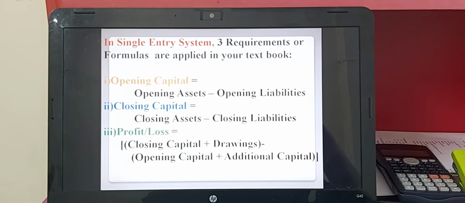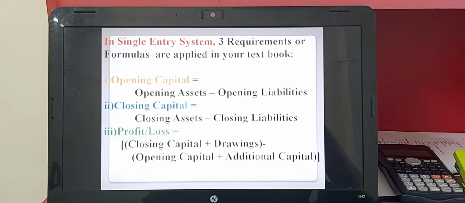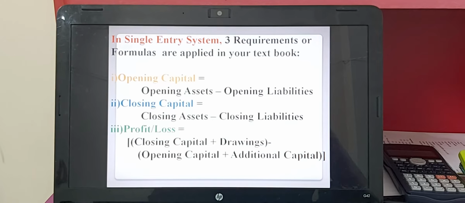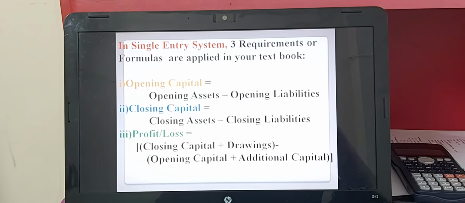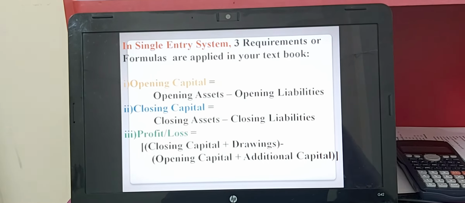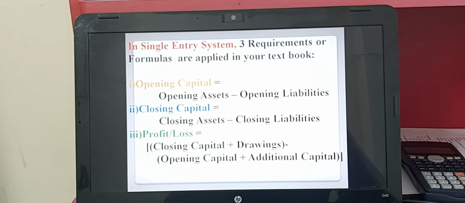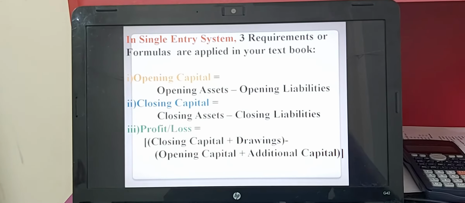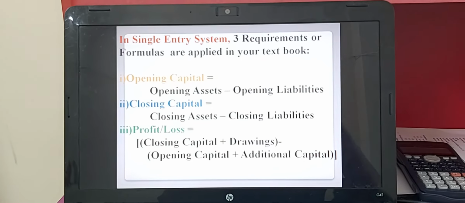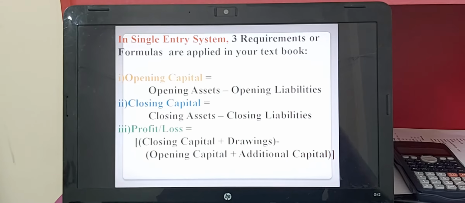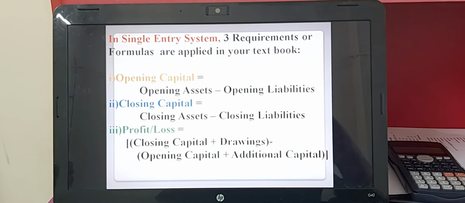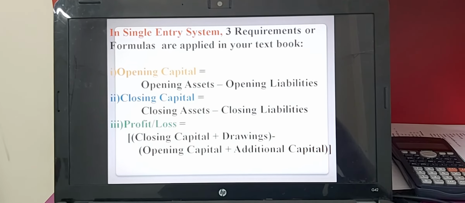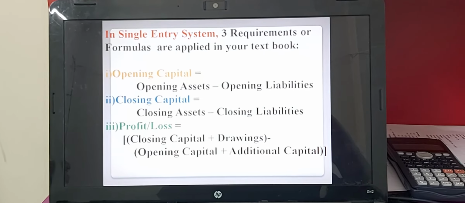On the screen you are seeing that closing capital plus drawings minus opening capital and additional capital. So you can write in your accounting copy these three formulas, always to be used for single entry system.